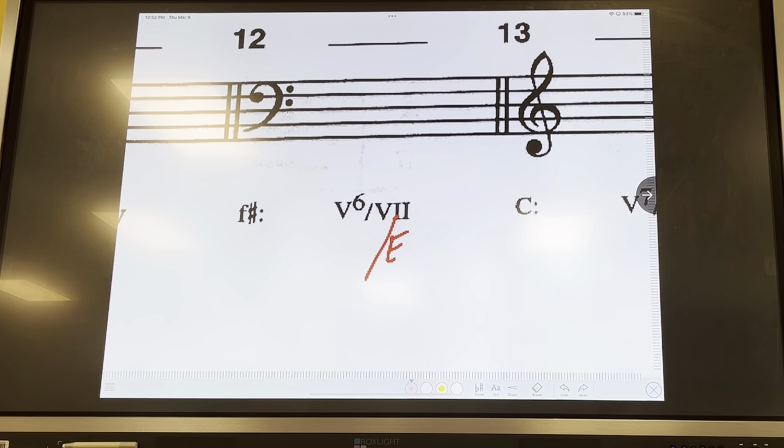What's another way? You build the triad in your head, measure the thirds, right? There are other ways. Check your key signature. Key signature, right? You'd have to go back to the key signature of F sharp minor. No, you don't. You don't care about the key signature of the new tonic.